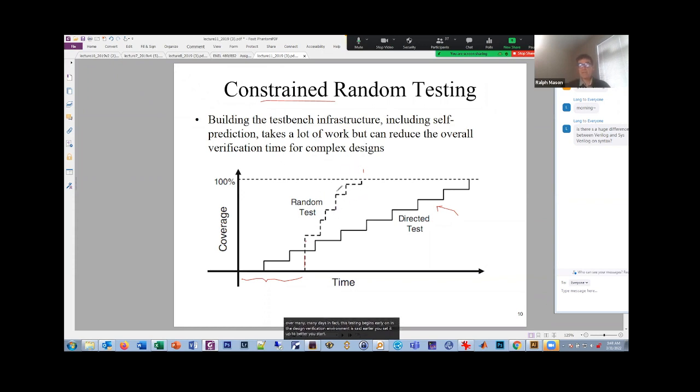You start verifying your design maybe a third of the way into the project or even less, and it runs for many months. Even after you've sent the chip out, people keep running these verification tests to see if they can find bugs because it's all automated. It doesn't cost anything. You just run it and check the logs, right? So that's the whole idea, that we get to this endpoint much faster. We have a complicated environment, but it randomizes and creates a lot of the tests for us. It does a lot of the work automatically.